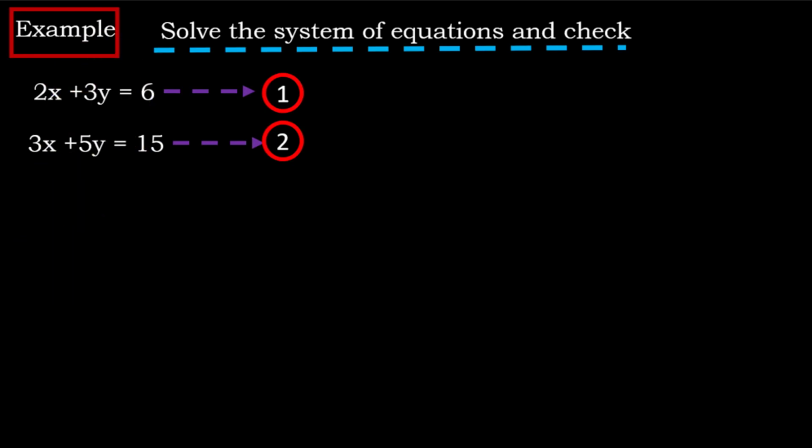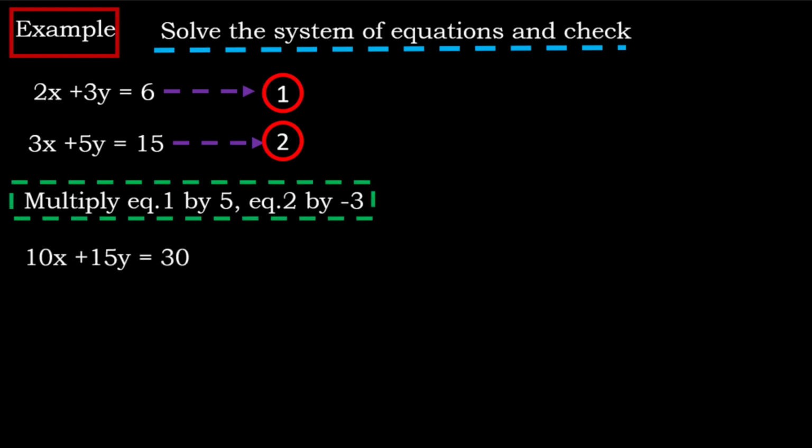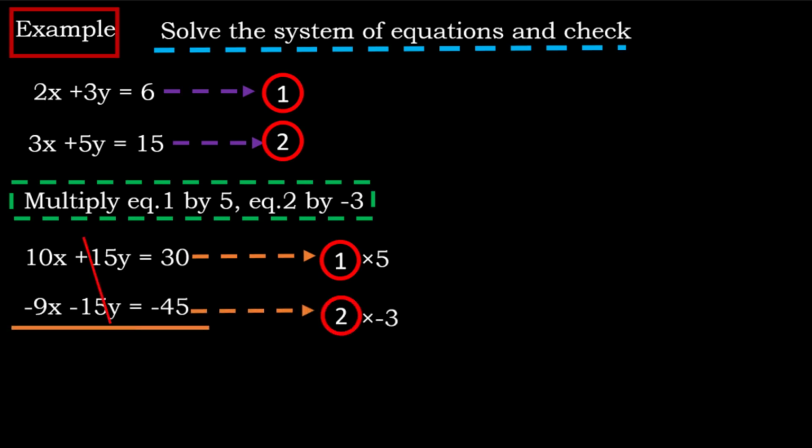Now we will multiply equation number 1 by 5 and equation number 2 by negative 3. We will get 10x plus 15y equals 30, and negative 9x minus 15y equals negative 45. We will cancel the y variables.